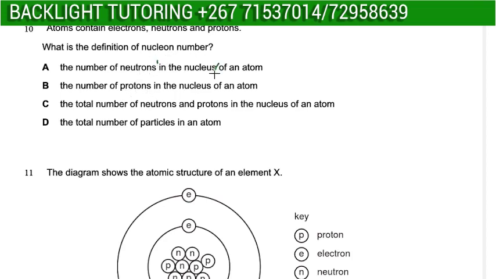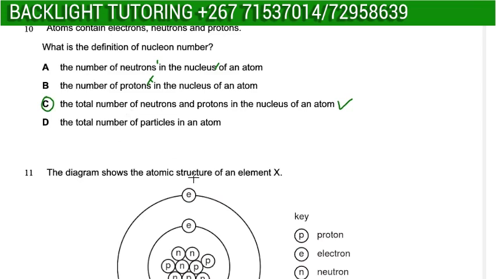The number of protons in the nucleus. No, we're excluding protons, I mean neutrons here. The total number of neutrons and protons in the nucleus of an atom, right? So the total number of particles in the nucleus. So for 10, C is the best, right?